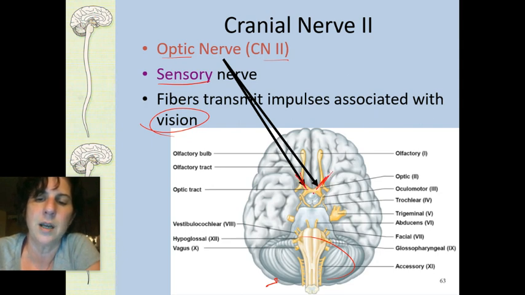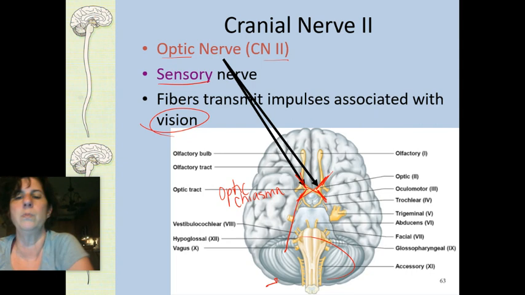And then when it crosses, that's called the optic chiasma, C-H-I-A-S-M-A. And then the optic tract is when it comes back and it's heading towards that occipital lobe.